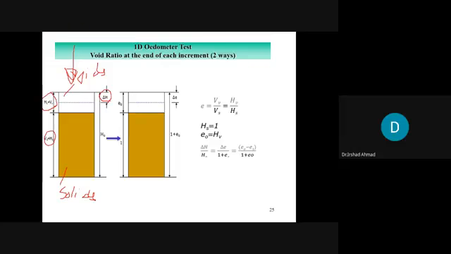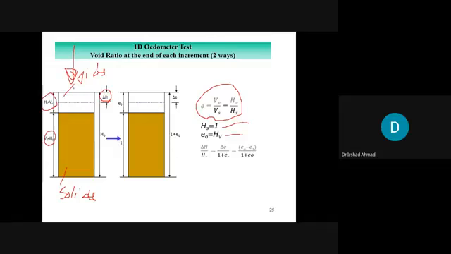We know that void ratio is equal to Vv over Vs, or Hv over Hs. But if we assume Hs is equal to 1, e naught would be equal to Hv. You see, if you assume Hs is equal to 1, Hv will be equal to e naught, the initial void ratio.